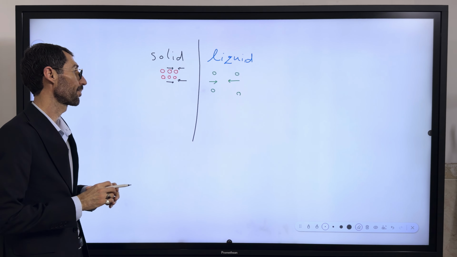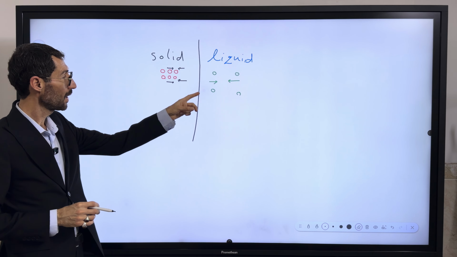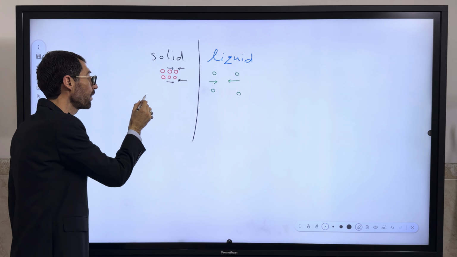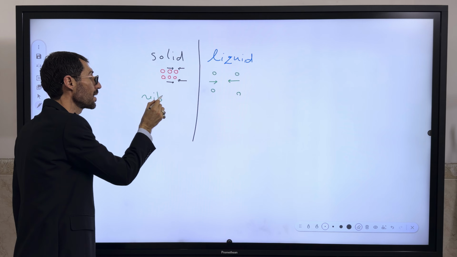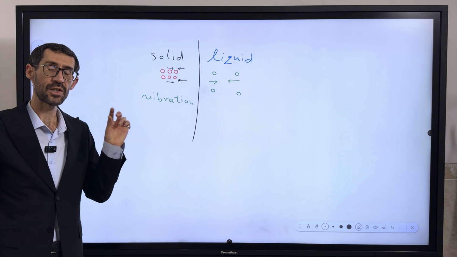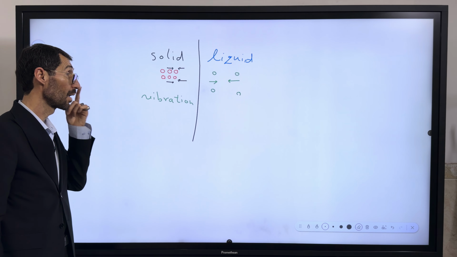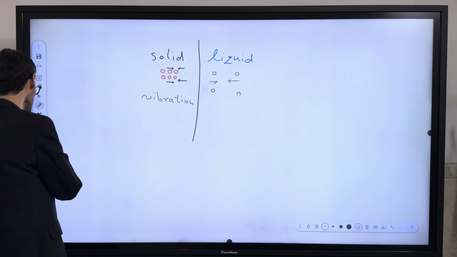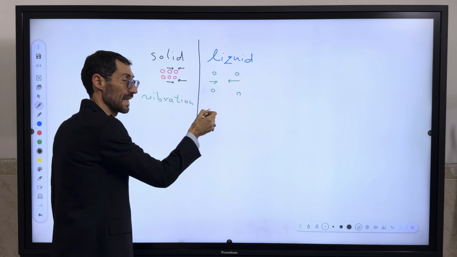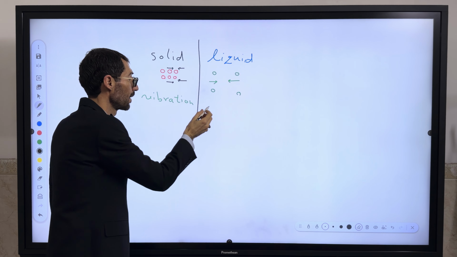between two neighboring particles. That's why in the solid we have vibration. The motion is called vibration, because we have a restricted, limited motion. The type of the motion in liquid is called sliding past each other.